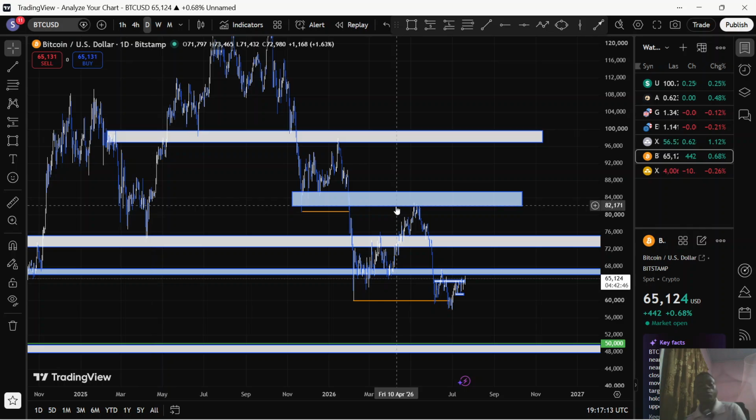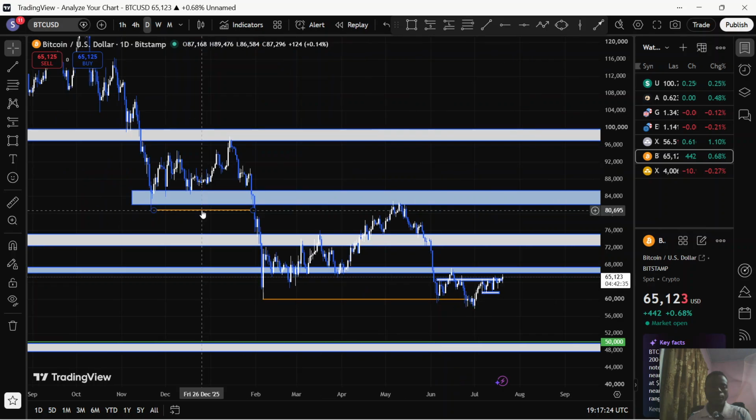So I was expecting the market to come all the way up here and then give us the reversal. I was not really confident about this zone here because it was not making sense to me, making the zone too large.